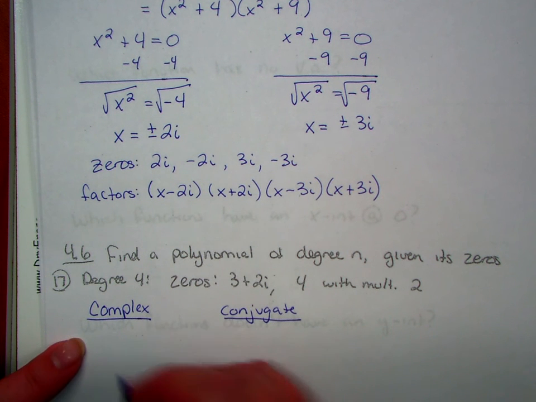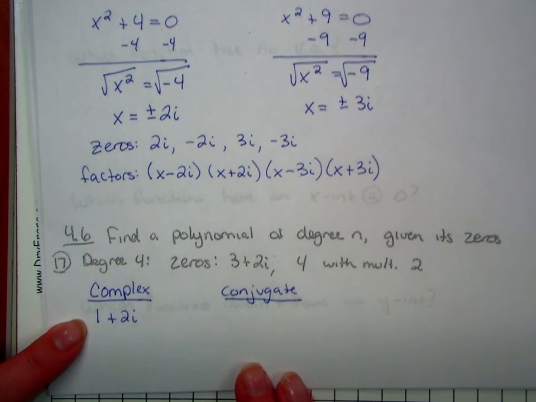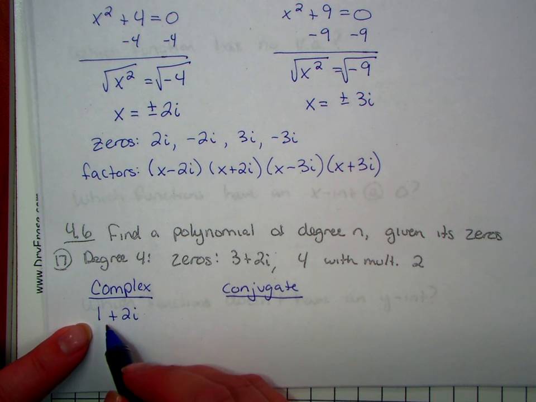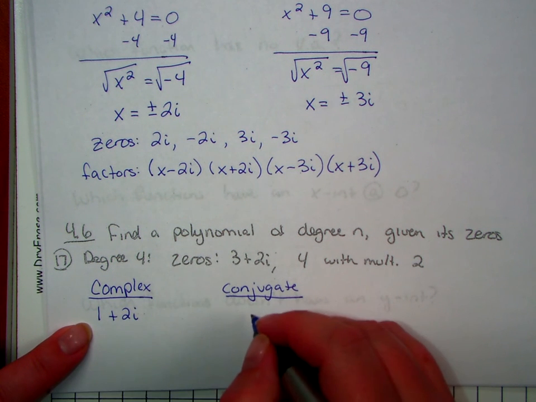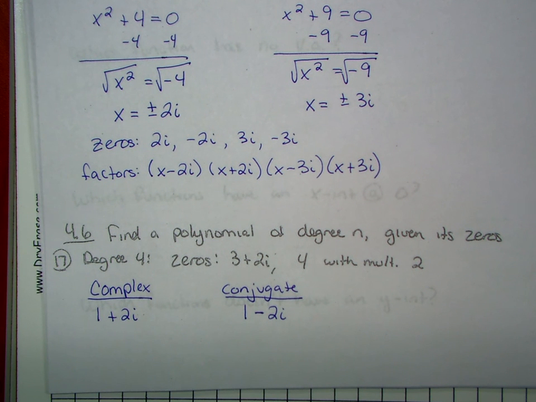Okay. So for example, if we had 1 plus 2i, the conjugate is going to be changing the sign of the middle of the imaginary term. Okay, so the conjugate of 1 plus 2i is 1 minus 2i.